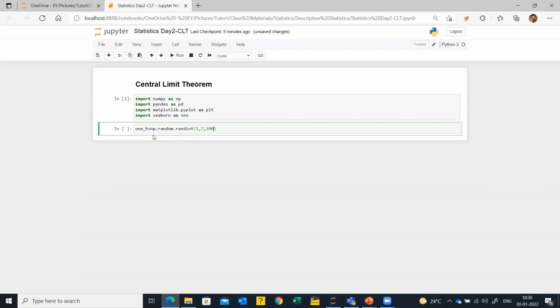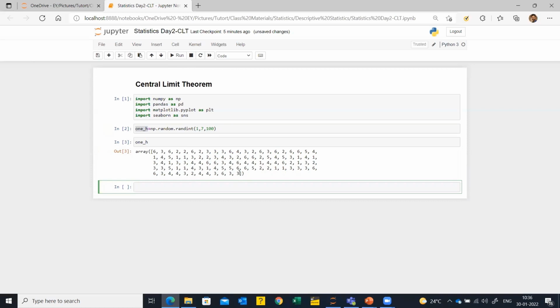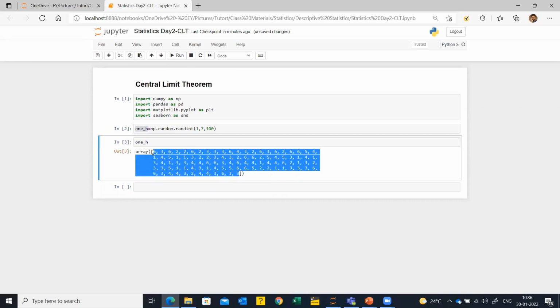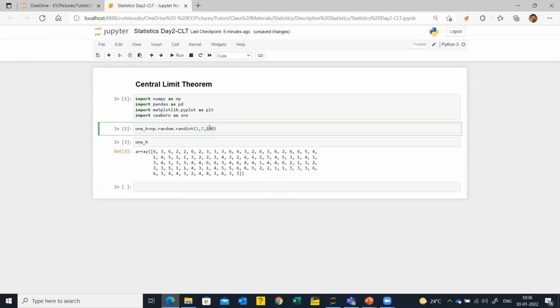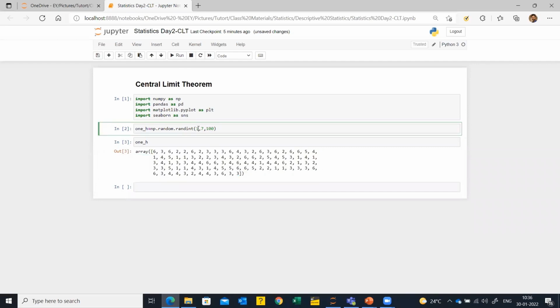Okay, so what it will create is, it will create some data for me, right? So it created 100 data points for me. See, n is equal to 100 here. So we have initiated 100 random integers. Okay, and it starts from 1 and ends at 6, 1 to 7.